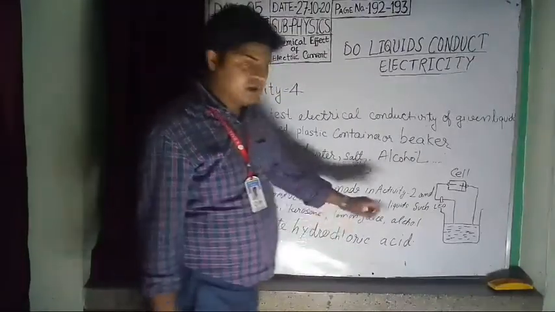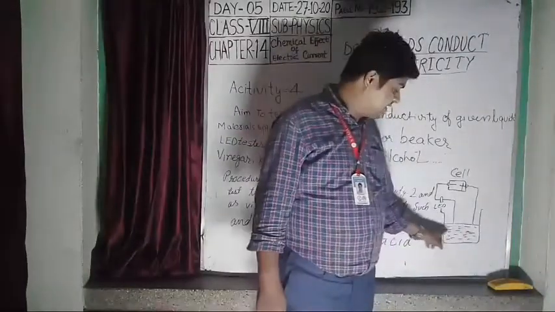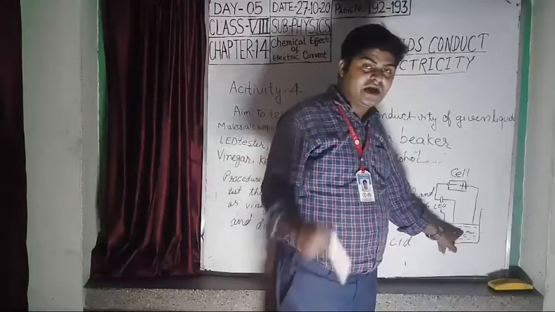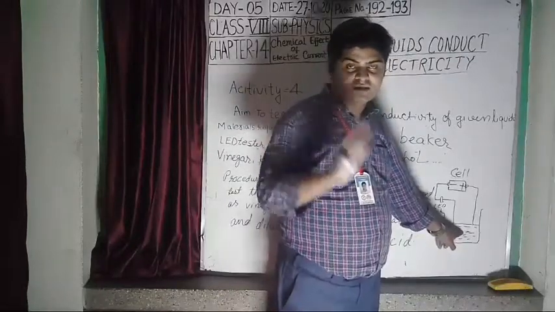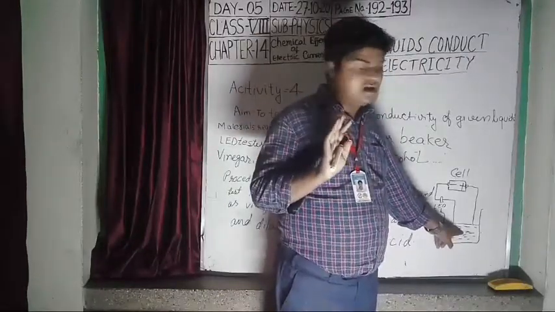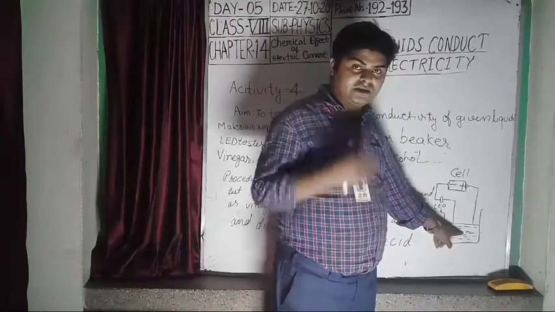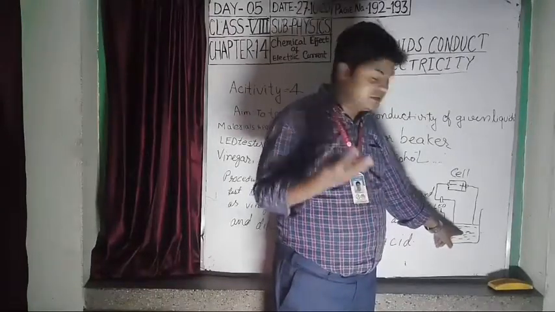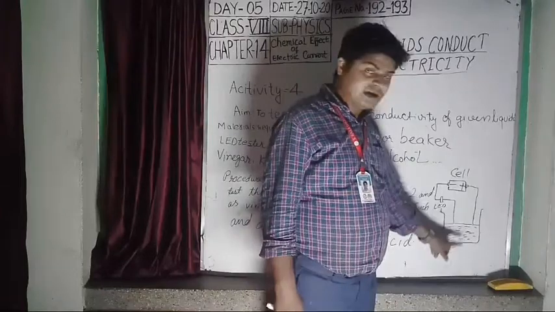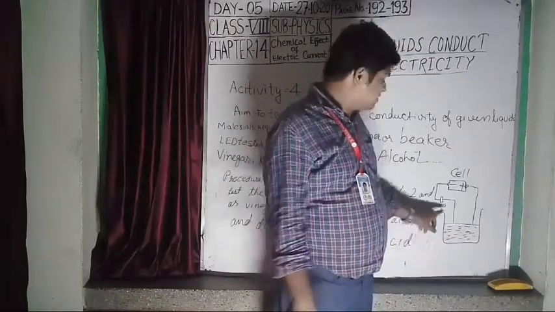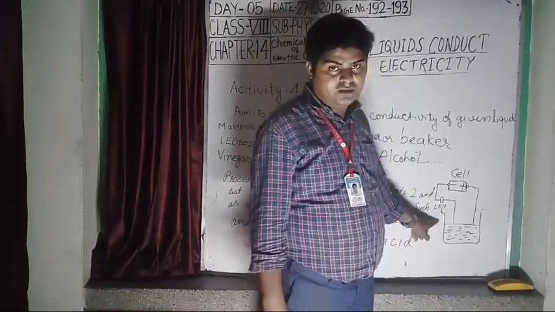Then alcohol. You will take some alcohol instead of lemon juice. Alcohol is neither an acid nor a base nor a salt, so it does not allow electricity to pass through it. It is a bad conductor of electricity, an insulator, so the LED bulb does not glow.